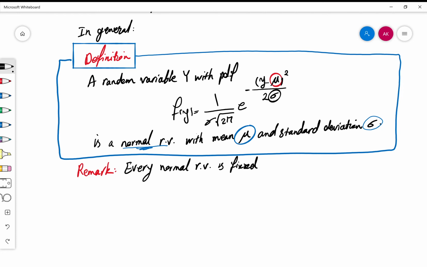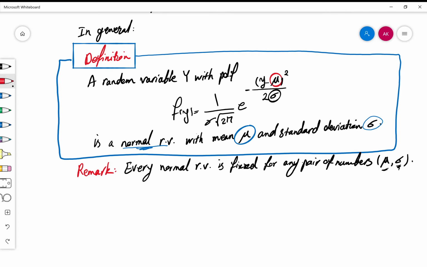So you have one normal random variable for any pair of numbers mu and sigma. You give me any two numbers, mu and positive sigma, there is a normal random variable with that mean and that sigma.